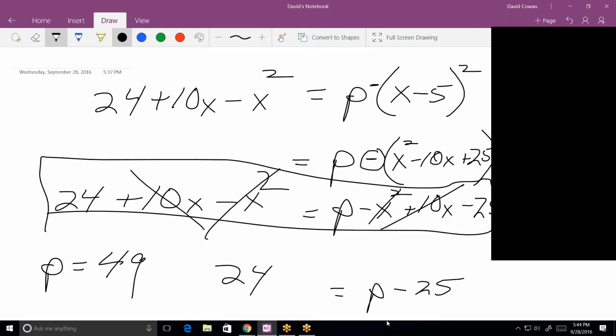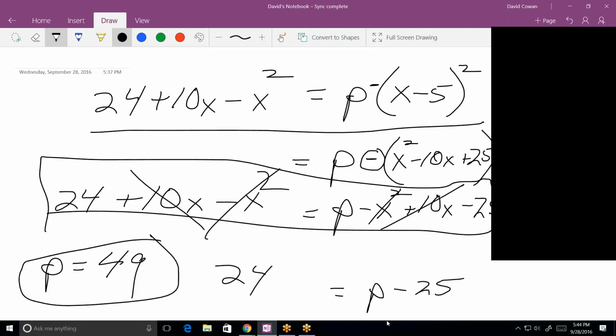So in this particular case, I actually was able to solve for p. And it might not be obvious, but x can be any number. Does not matter. x can be any number on the number line. And as long as p is 49, this will be a proper equation.